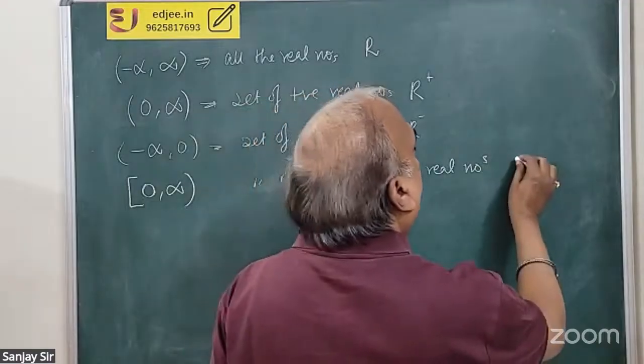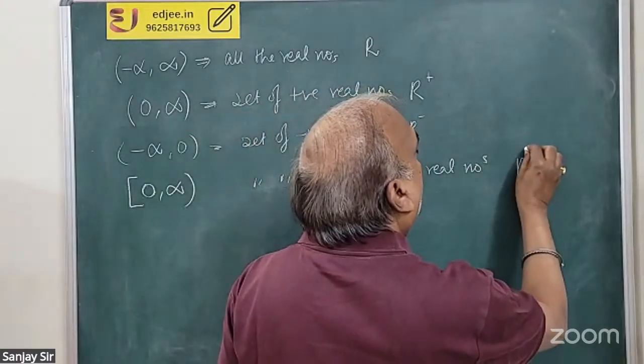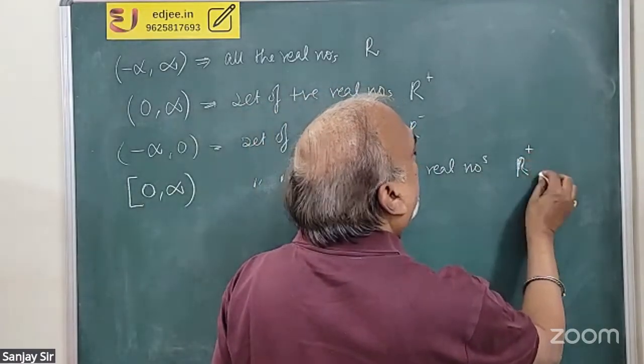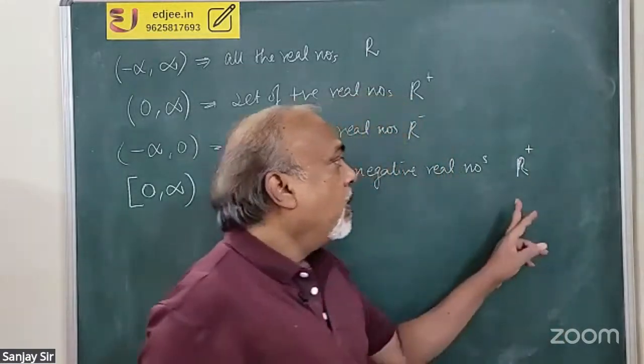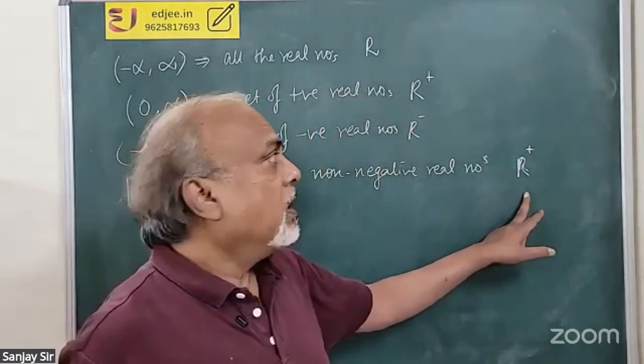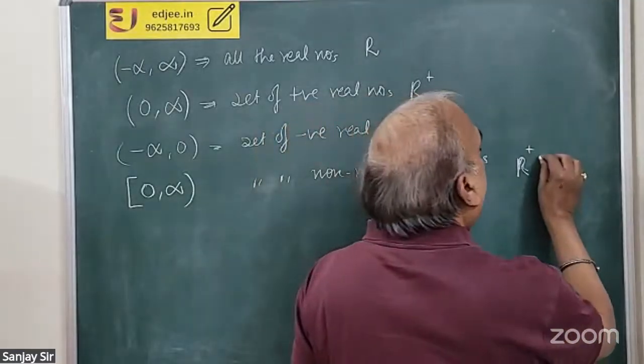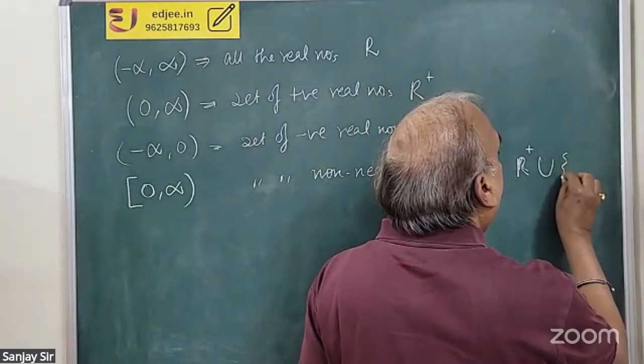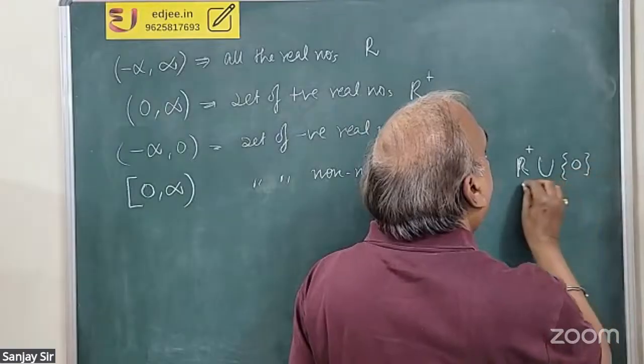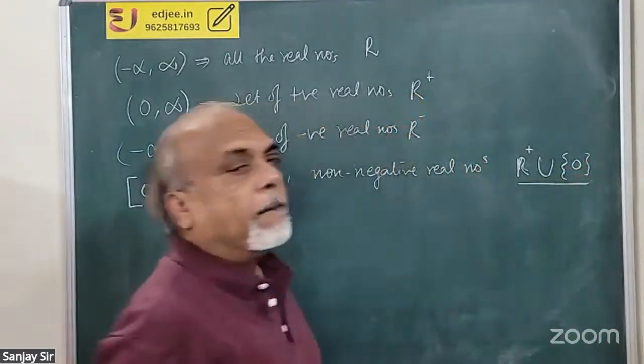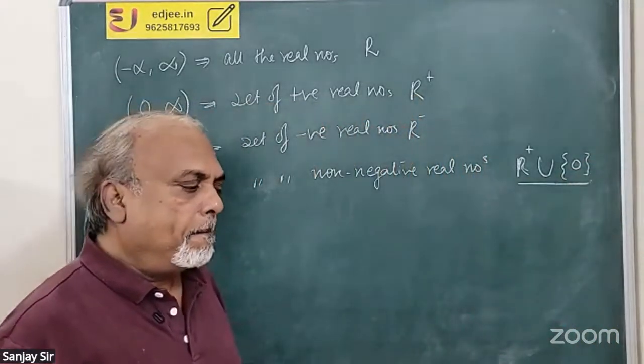And we can define this thing as R plus union the singleton zero. Correct?